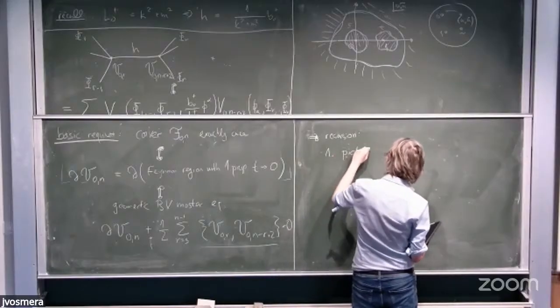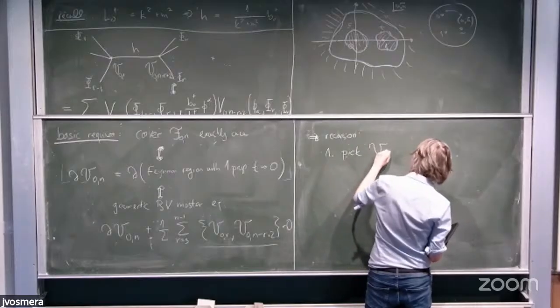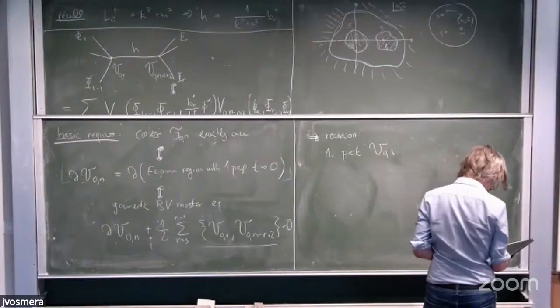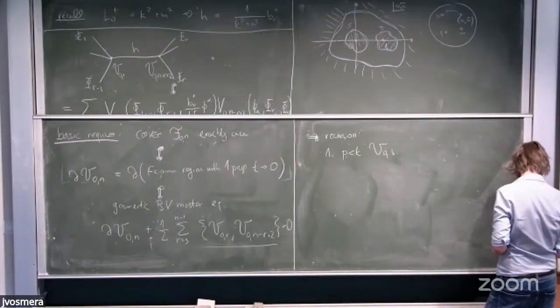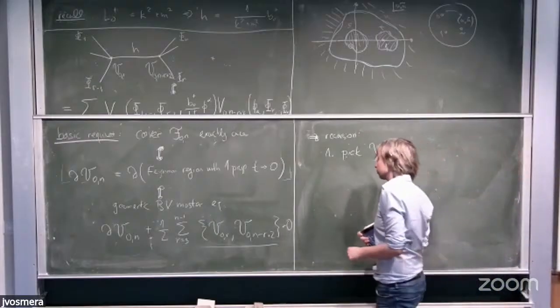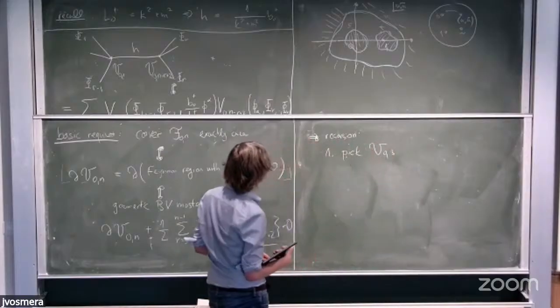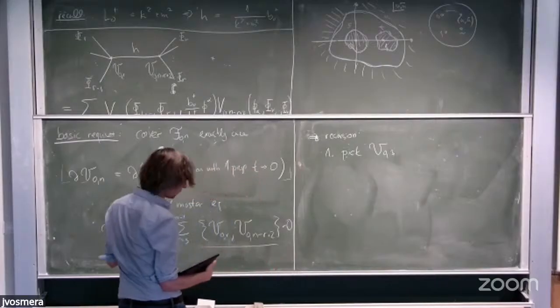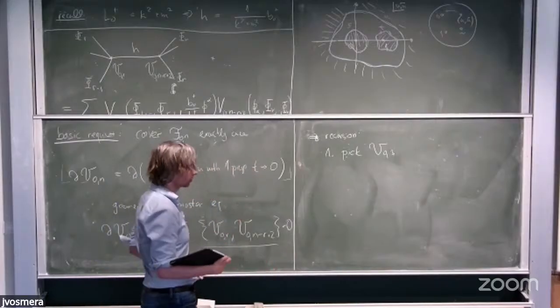So we pick V03, where it is just a cubic vertex, right? And that amounts to saying that we just choose suitable local coordinates around each of the punctures of the three-punctured sphere, so that the vertex is totally symmetric in the states.